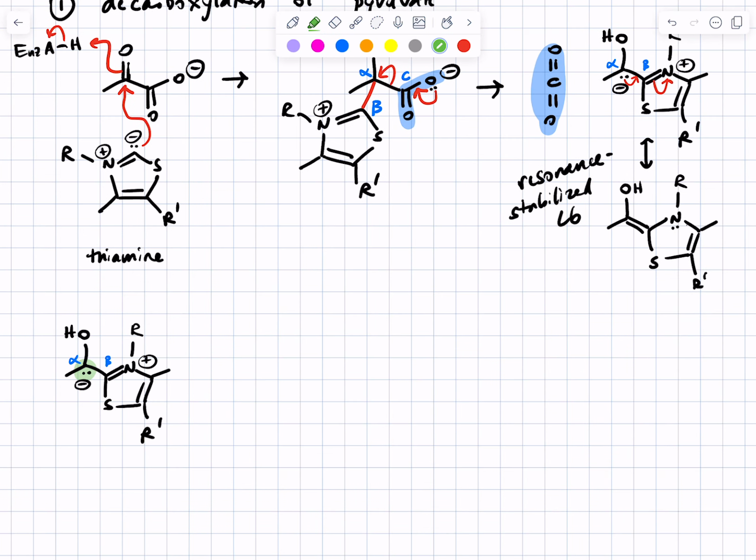At this stage, we're ready to get rid of the thiamine. It was a nucleophile. We're going to kick it off as a leaving group. You will see when we do that, that regenerates thiamine, so that's now released and ready to go. But what we have on the other side is this weird looking thioester.